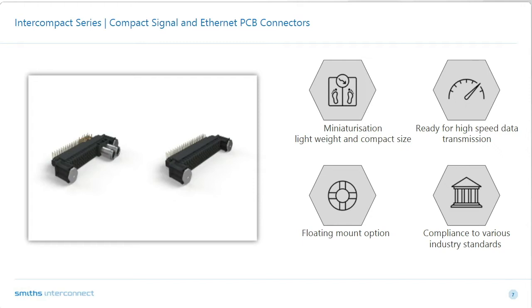For example, we have managed to significantly reduce the size and therefore the weight of the connector. We have made this connector not only for managing standard signals, but also for high-speed data transmission.